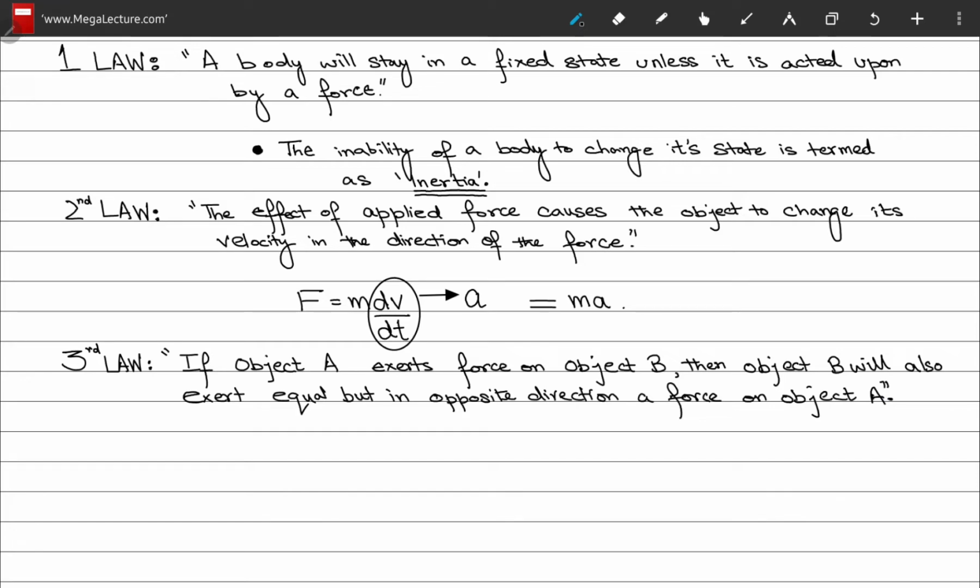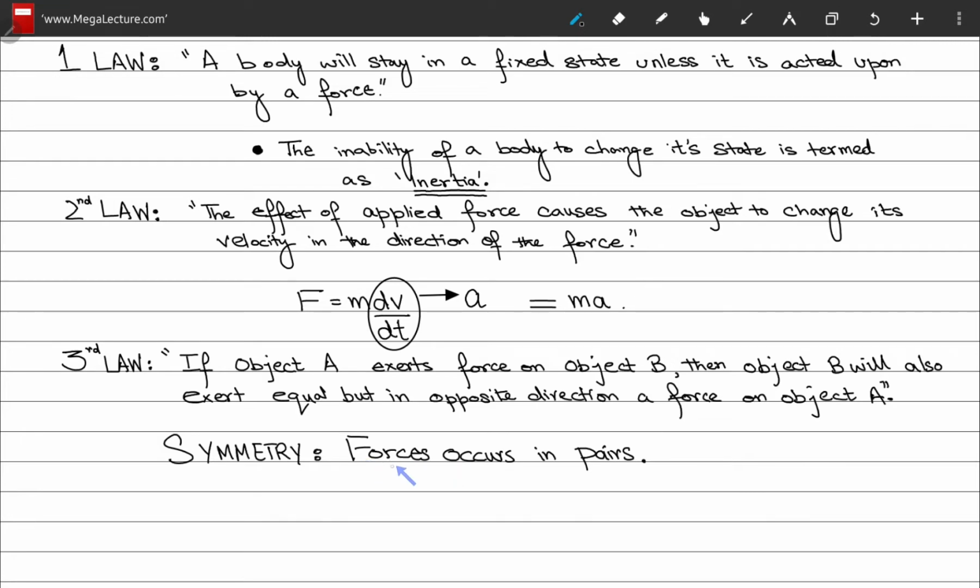So this third law represents a symmetry in nature, which is that forces occur in pairs, which just means that one body cannot exert a force on another body without experiencing a force itself.